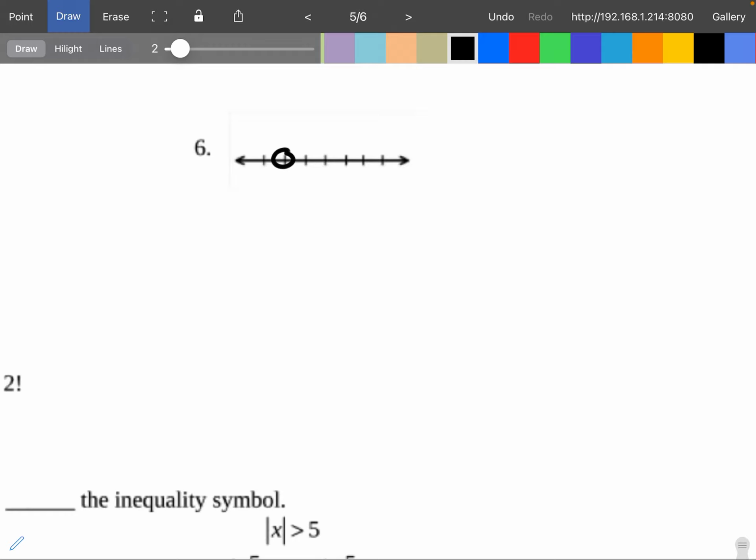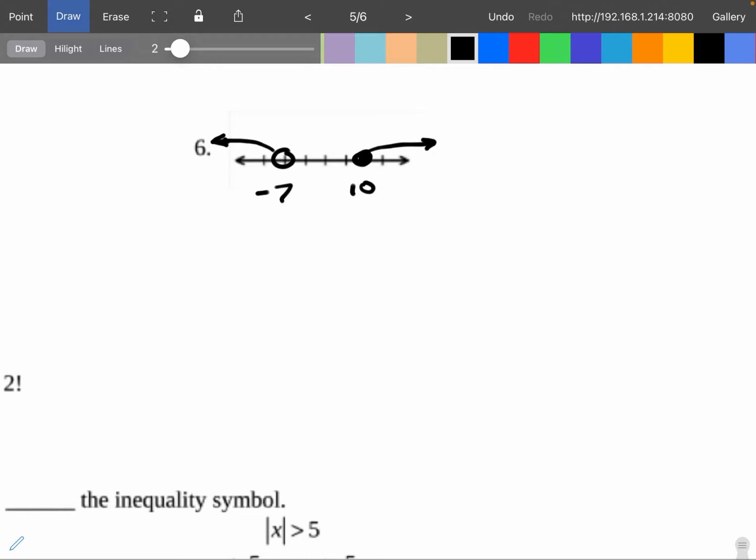And then number 6, I got to do one more of these. Okay. So this one will go, let's do an open circle at negative 7. Shade that way.